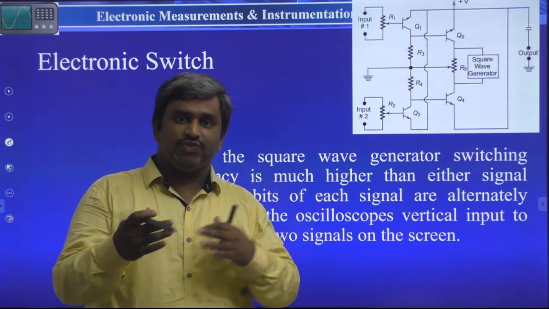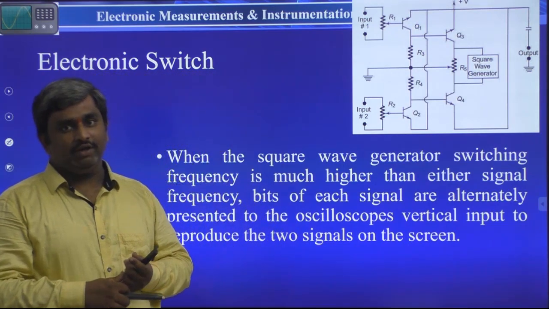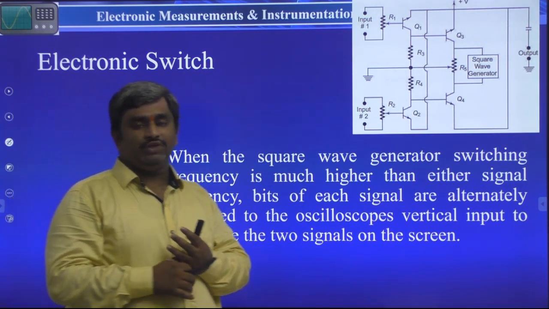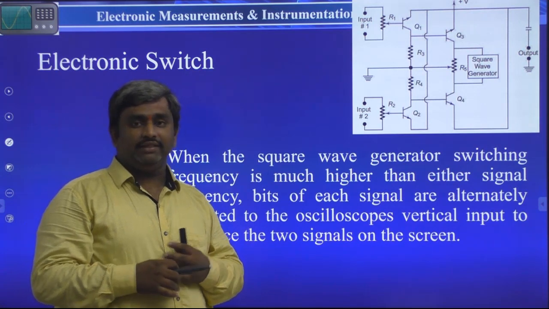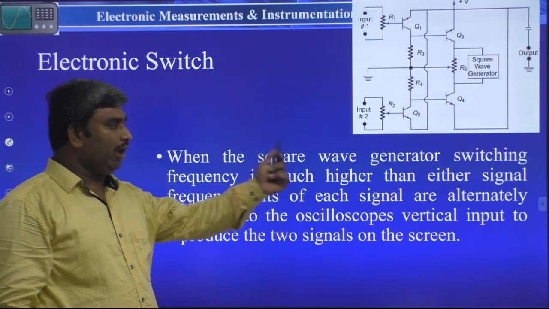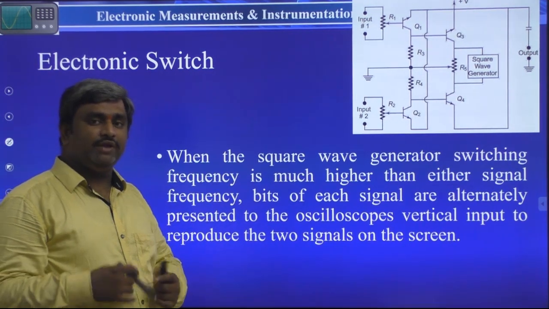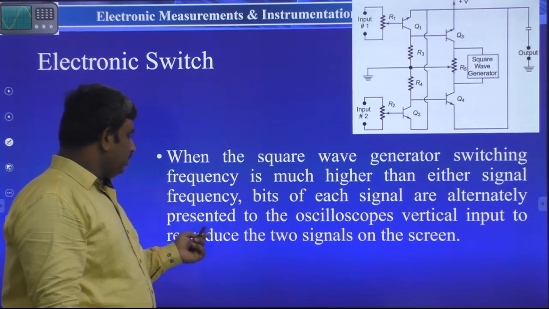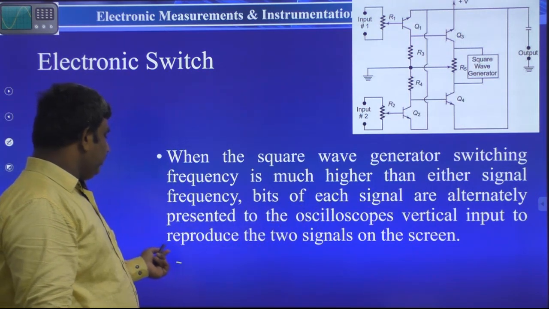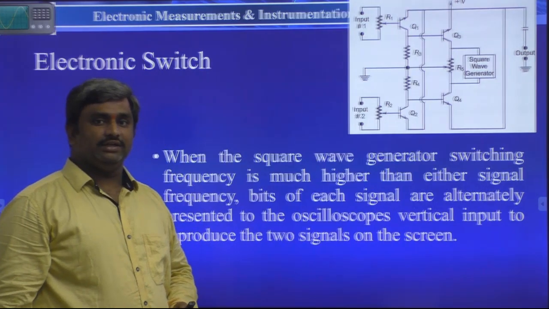That means it switches from channel A to channel B to channel A at a high speed. When the frequency of the electronic switch is higher than the input signal, it passes some of the input bits to the output and displays the behavior of the two signals on the screen. It will try to reproduce the signals.